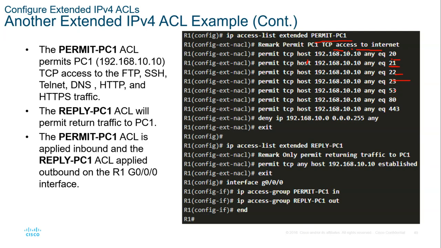Then we have the domain name, www, and then you deny the rest. So it's only this PC within this network that is allowed. The rest of the other IP addresses are denied.